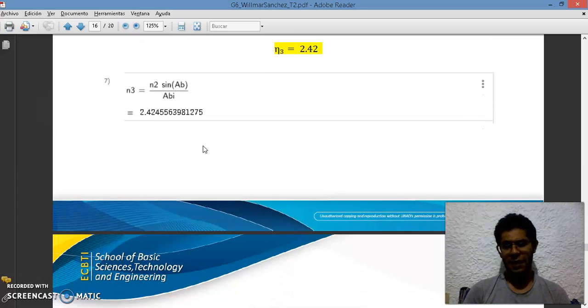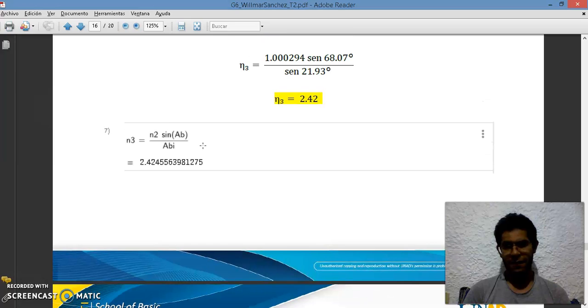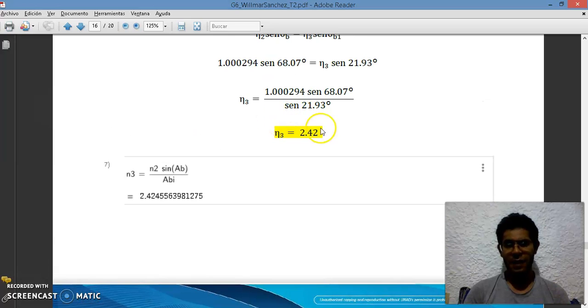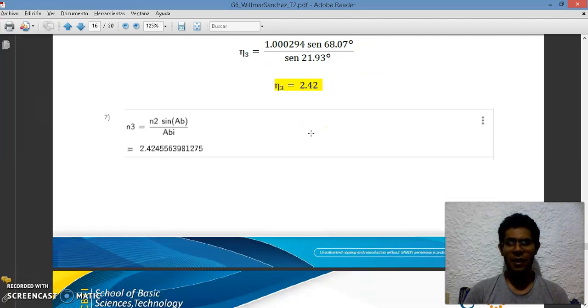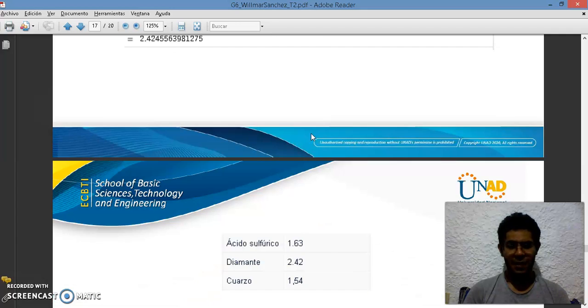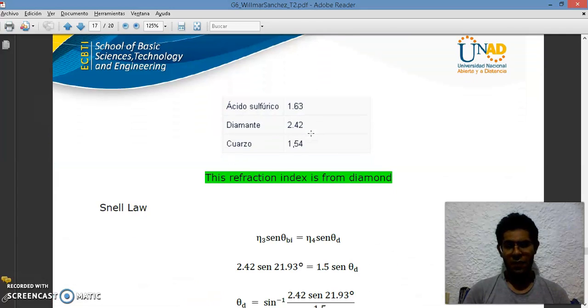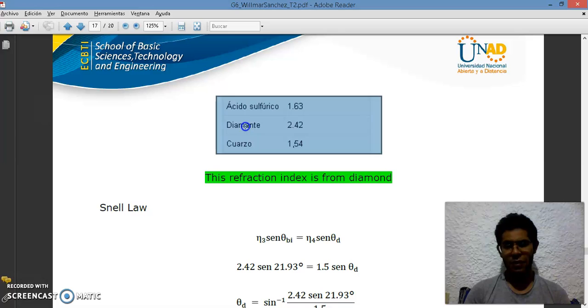to find the coefficient of refraction of the third media. With this value, find that the third media is diamond.